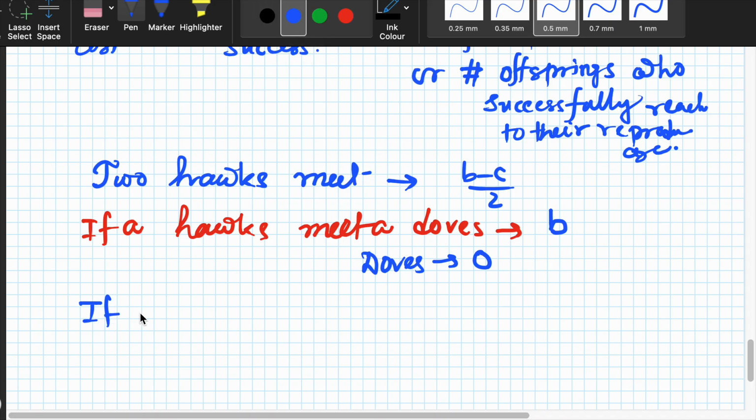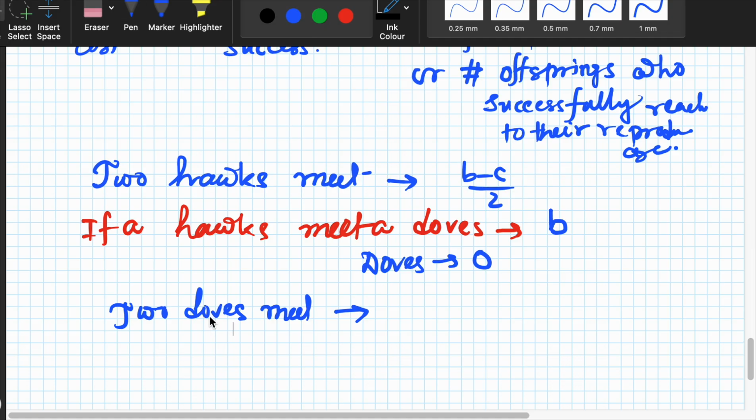Now if two doves meet, then one individual will retreat, and since they will not escalate the fight, there will be no injury at all, but only one among them will win this situation, so in this case each gets a benefit of B by 2.